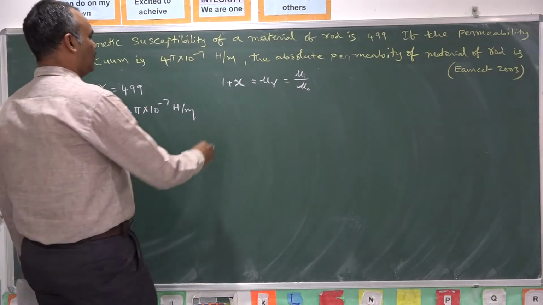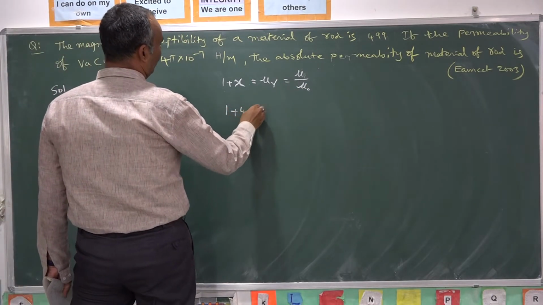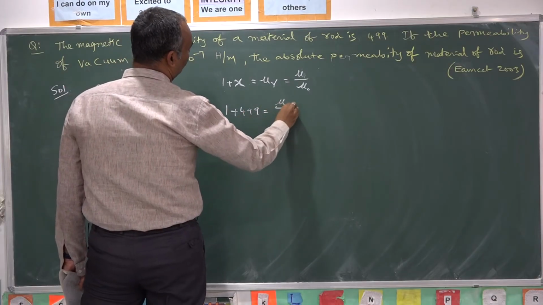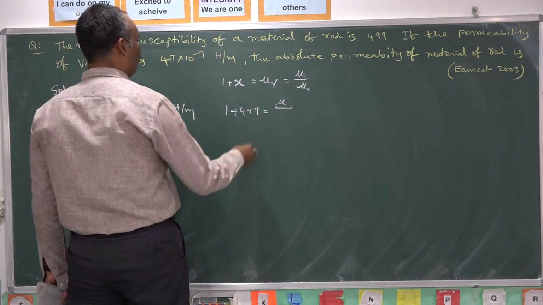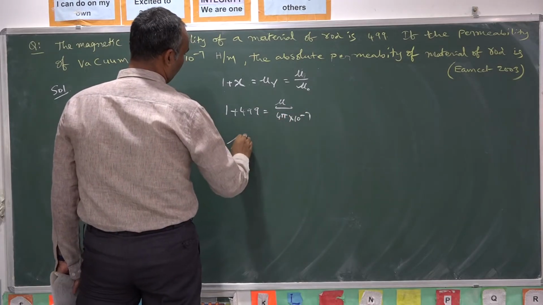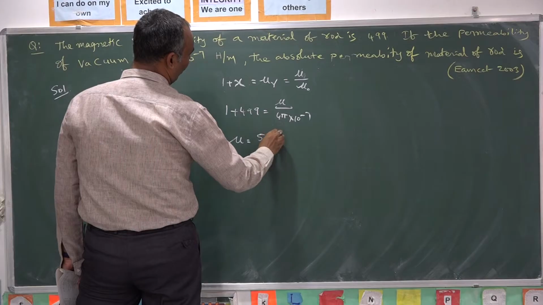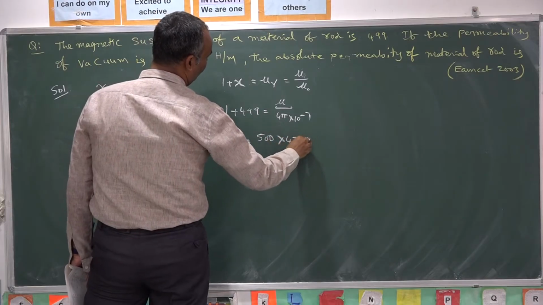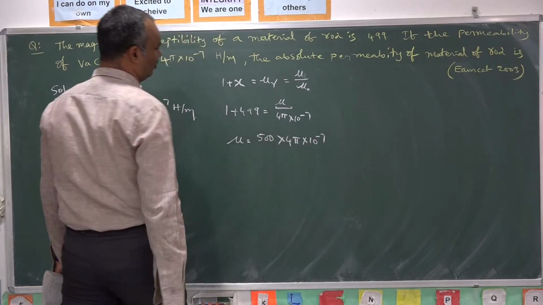So 1 plus 499 is equal to permeability of the medium by permeability of free space, 4 pi into 10 power minus 7. Permeability of the medium is equal to 500 into 4 pi into 10 power minus 7.